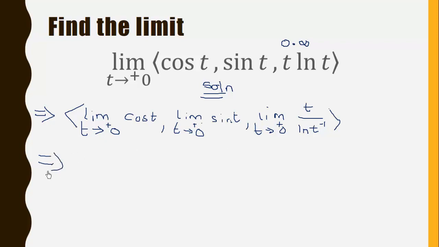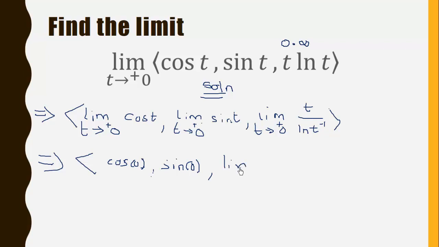Now, if we evaluate this limit as t approaches 0 from the right of cos t, we get cos 0, then this one gives us sin 0, then this we cannot evaluate unless we simplify it.